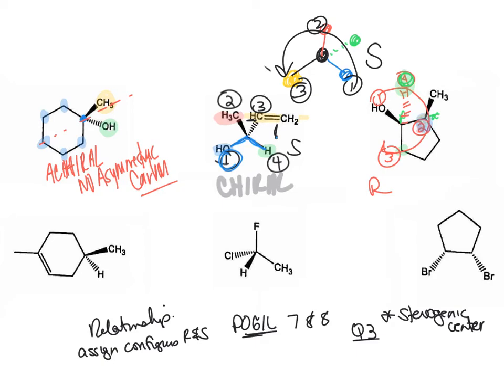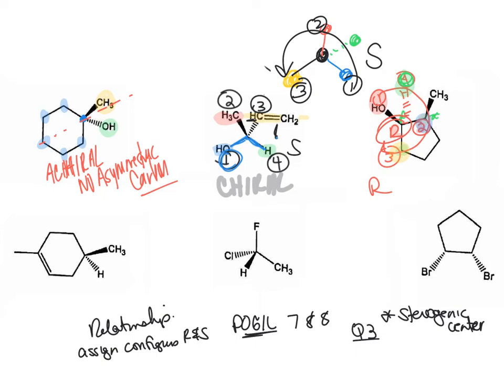And I'm going to make my 3 red, yellow, and then I'm going to make 1. So the way I have my molecule drawn, I have 1, 2, 3, which is R. Okay, so let's look at the other. So this is R. That stereocenter is R.